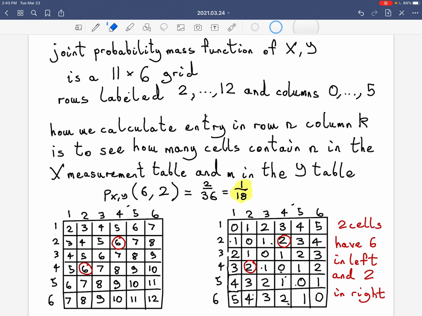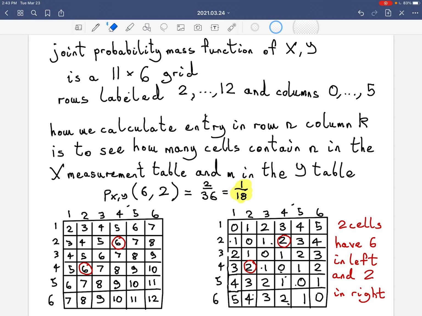So I have this 11 by 6 grid where the cells are labeled by a value of x and a value of y. And what I put in the cell is the probability that x is equal to the row number and y is equal to the column number.